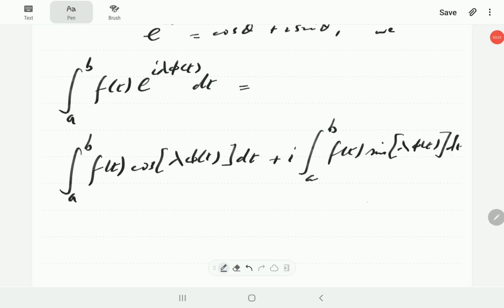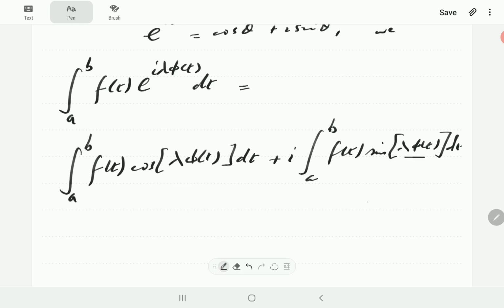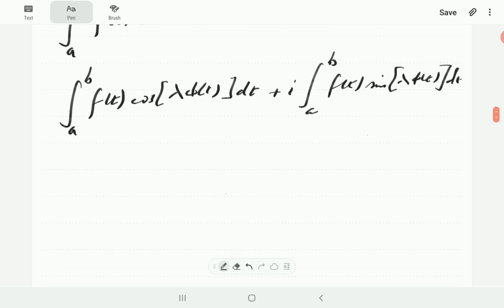Right, so once we put it in this form, it makes it easy for us to see that this function is going to be oscillatory in nature. It's going to oscillate because it's a function of sines and cosines, and as you can see, lambda here is like your frequency.